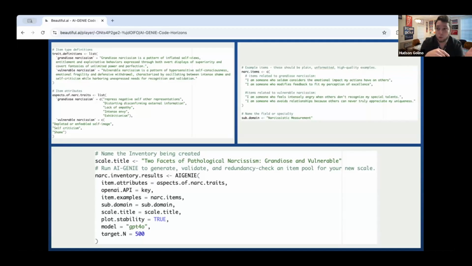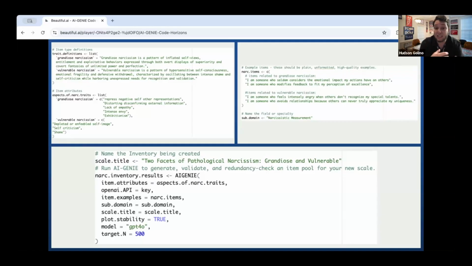So if grandiose narcissism is a general factor or a general trait represented by specific traits of repressing negative self representations, distorting, disconfirming external information, lack of empathy, intense envy, exhibitionism, for example, and vulnerable narcissism is a general trait or a domain with the specific subdomains depleted or infeasible self-image, self-criticism, and shame, for example.